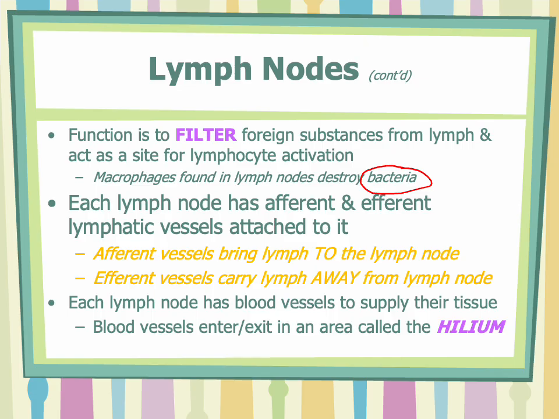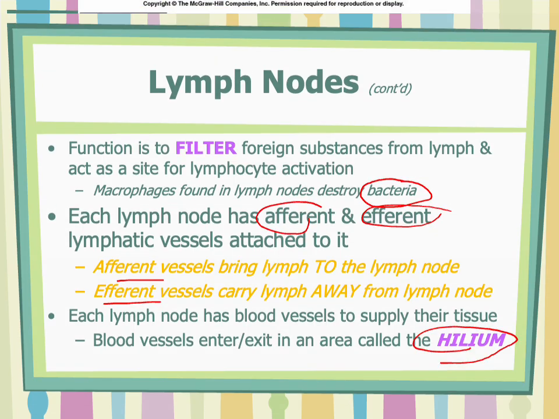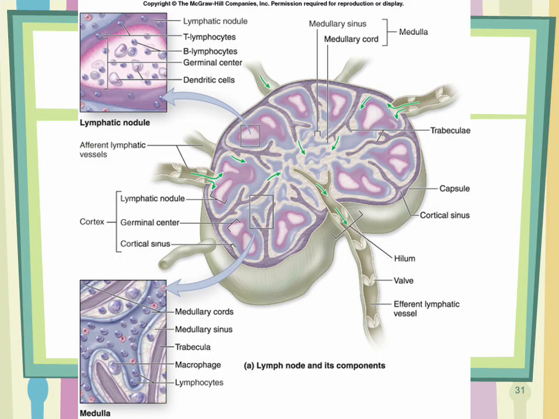Okay, each lymph node has an afferent and an efferent lymphatic vessel attached to it, meaning that something is going to go in or go out. All right, and of course each lymph node has blood vessels to supply the tissue because they're alive. Those blood vessels enter and exit at an area called what? Hilum. Okay.